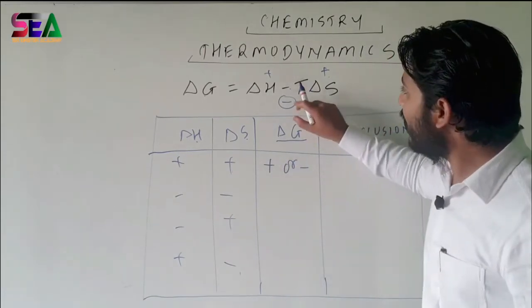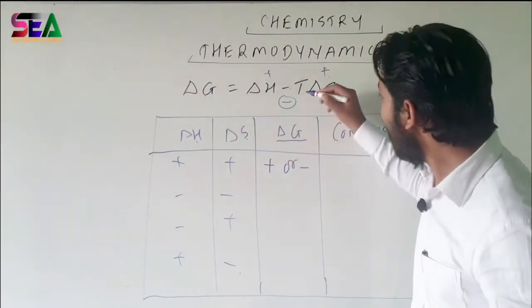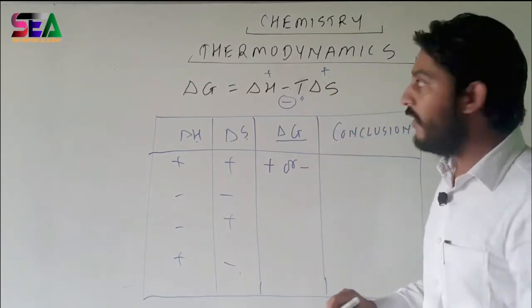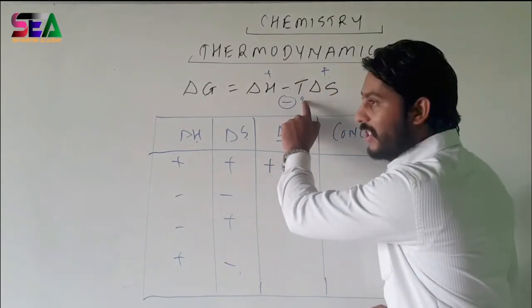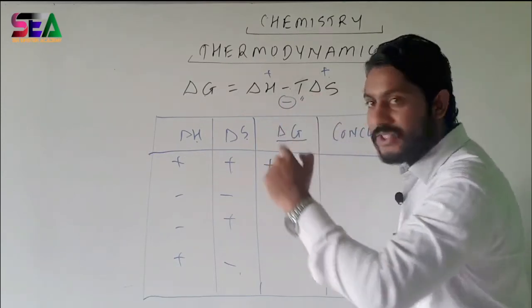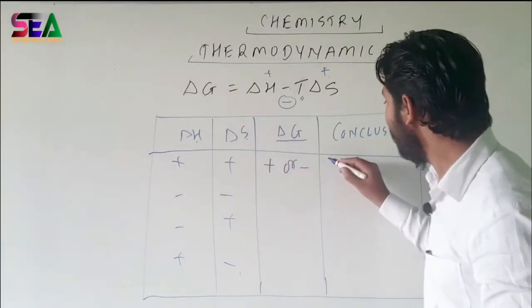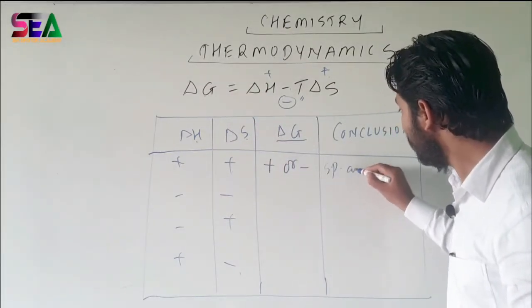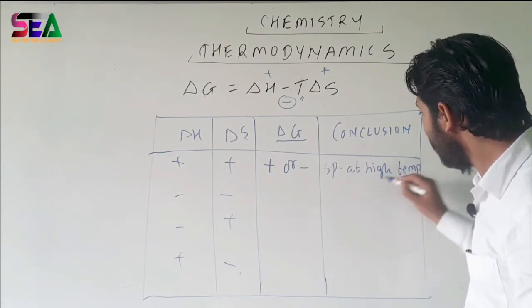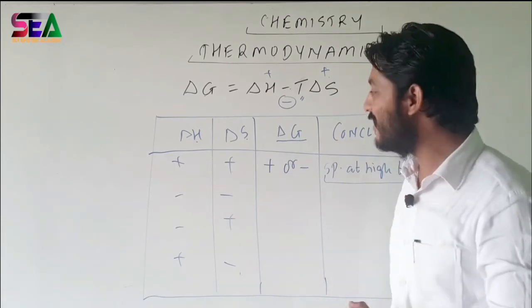Now, if I want to make the value negative for the sake of the process being spontaneous, I must ensure that the temperature must be high. If I ensure a high value of temperature, ultimately the product will become high and my chances of getting a negative value will increase. So initially I will say the reaction is spontaneous at high temperature. This conclusion can be drawn from the above statements. Is that fine? Now let's see for the next.